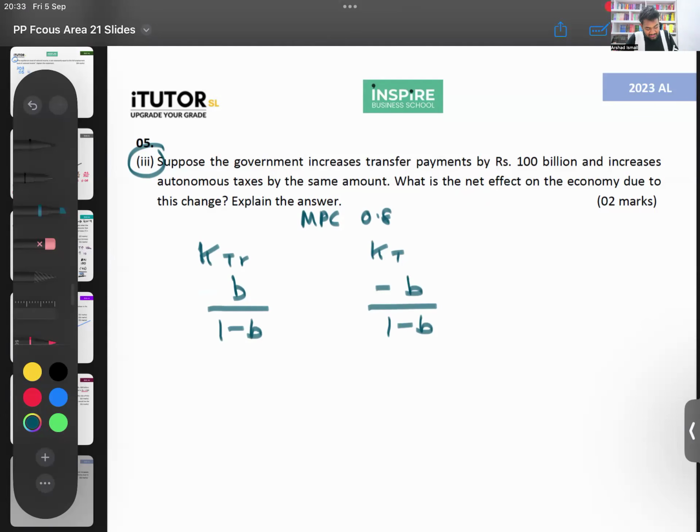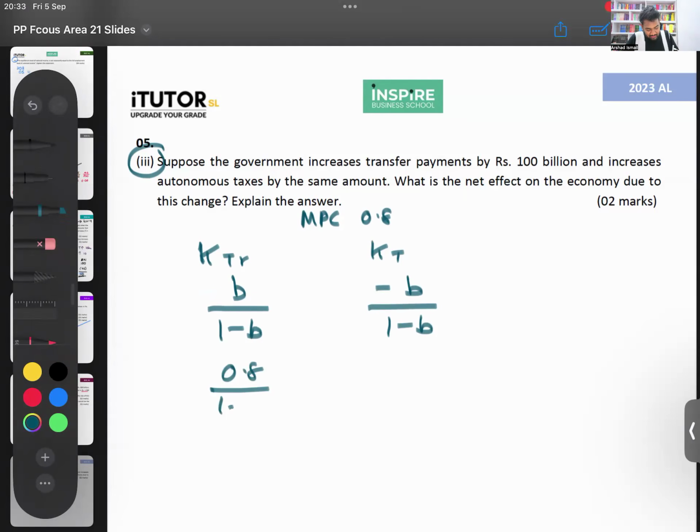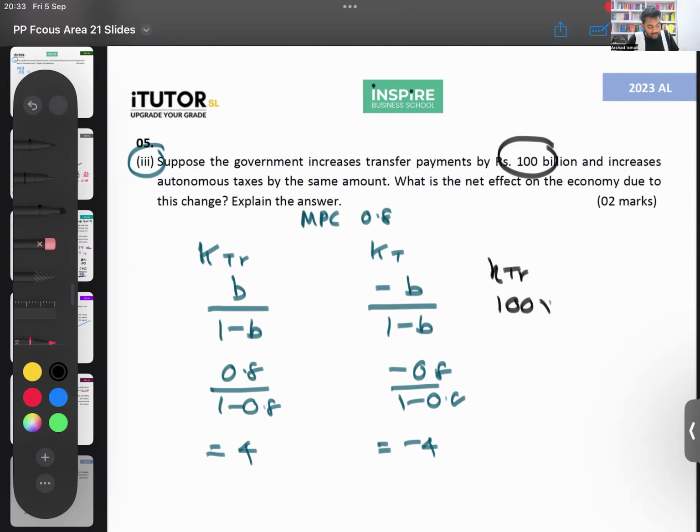So if your MPC was 0.8, you don't have to give the MPC answer here, right? You get transfer multiplier 4. Tax multiplier will be minus 4. So if you increase transfers and taxes both by 100, increase transfers by 100, it will multiply by 4.